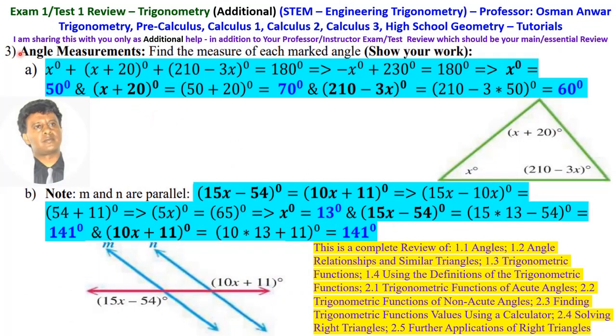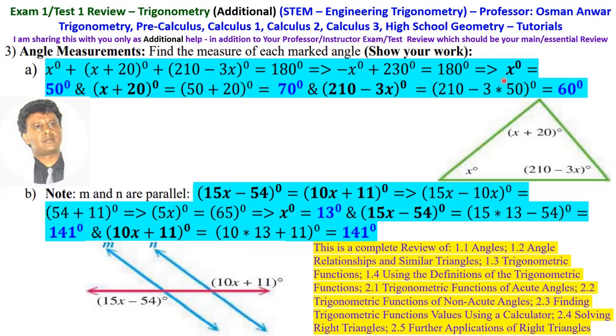Number 3 is find the measurement of each marked angle. So you have a triangle with angles x plus 20 and 210 minus 3x, and find those angles. We know the angles of a triangle add up to 180. That means x plus 20 plus 210 minus 3x is equal to 180. So x minus 3x is minus 2x, then 20 plus 210 is 230, equals 180.